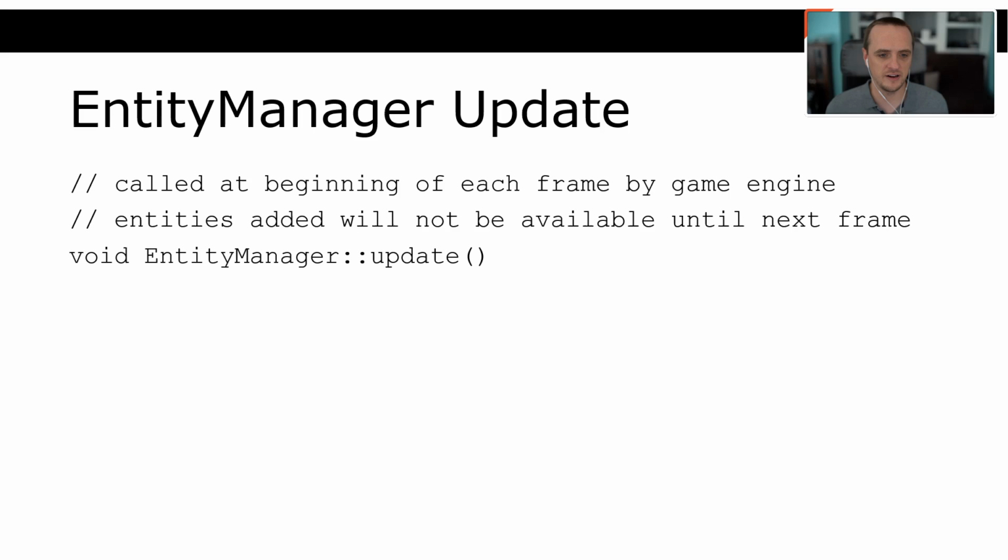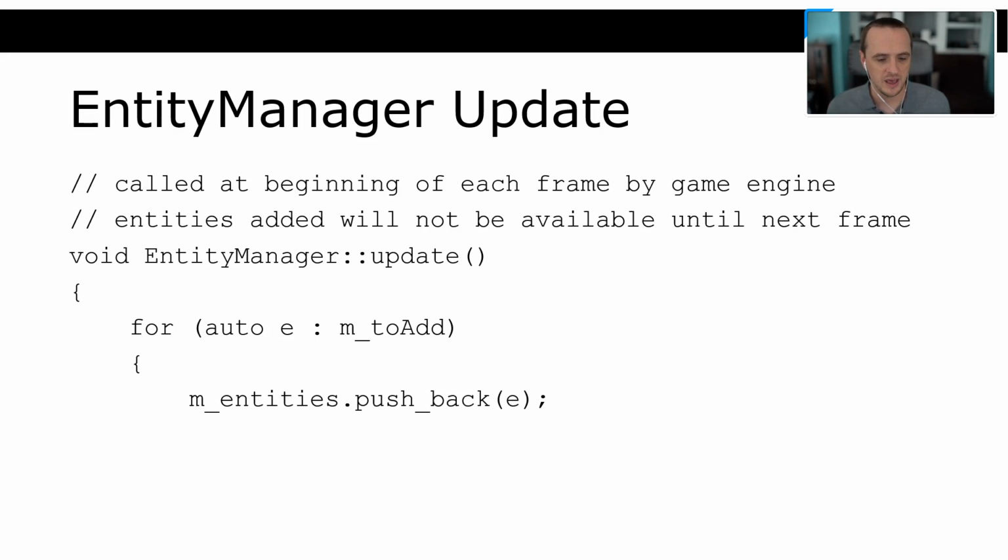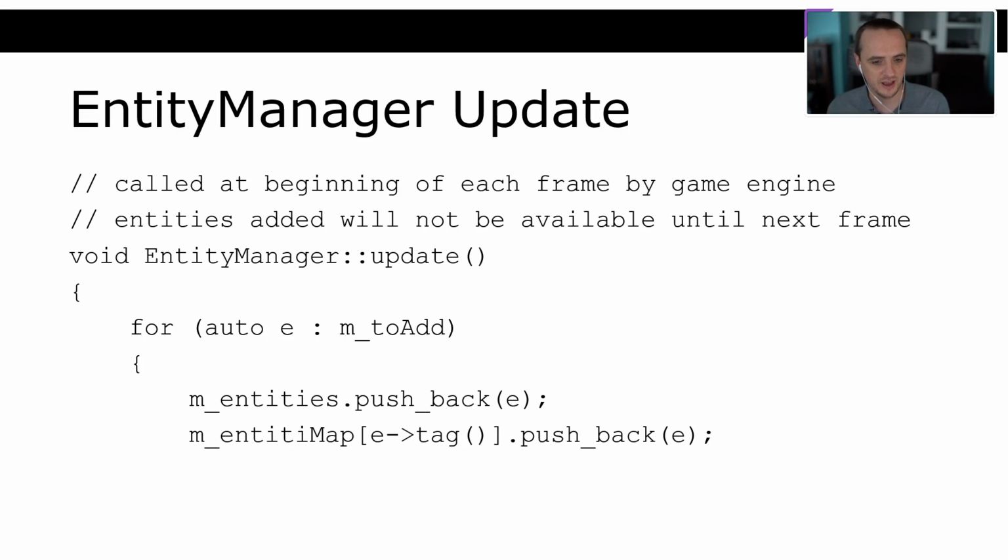So here's the entity manager update function. We're going to loop through every entity in the toAdd vector, and then we're going to add that entity into the vector of all the entities, and we're going to add that entity into the map indexed by its tag into that vector, okay?